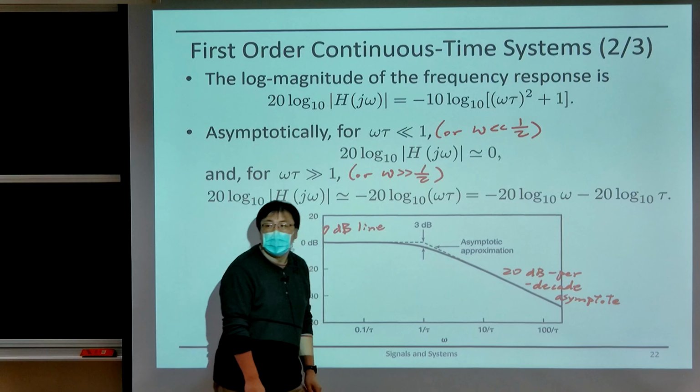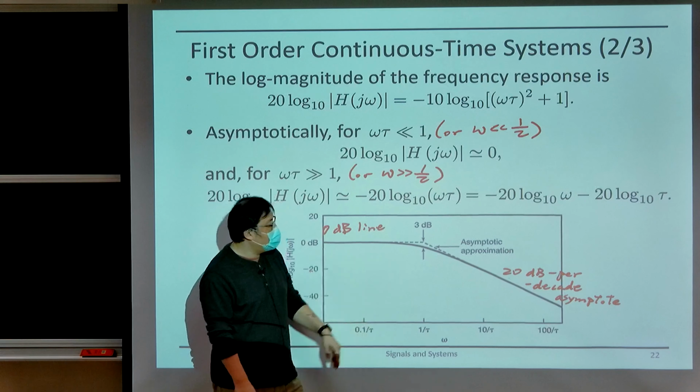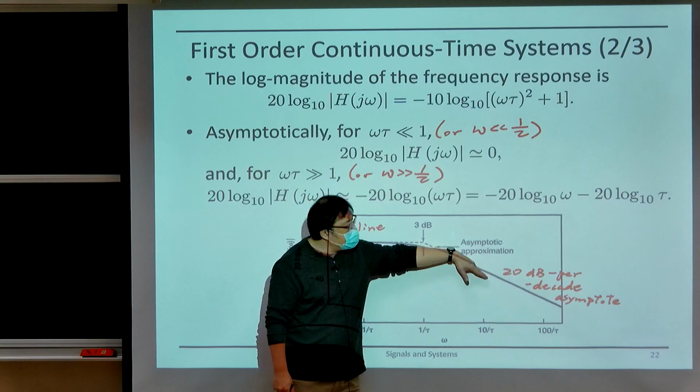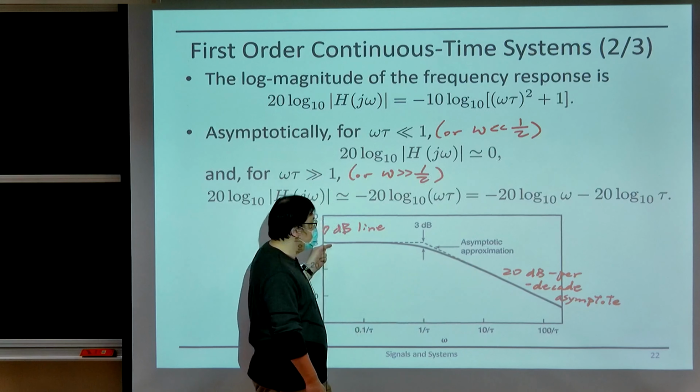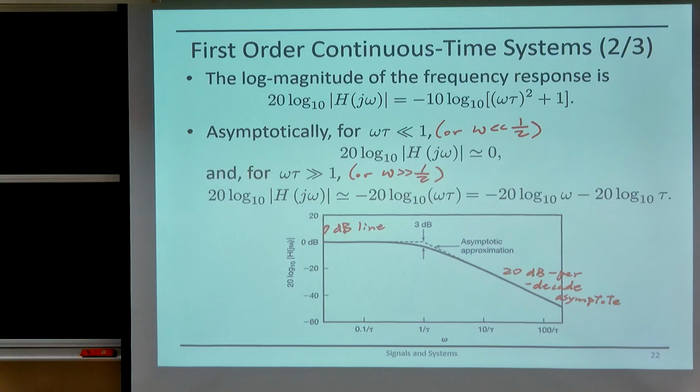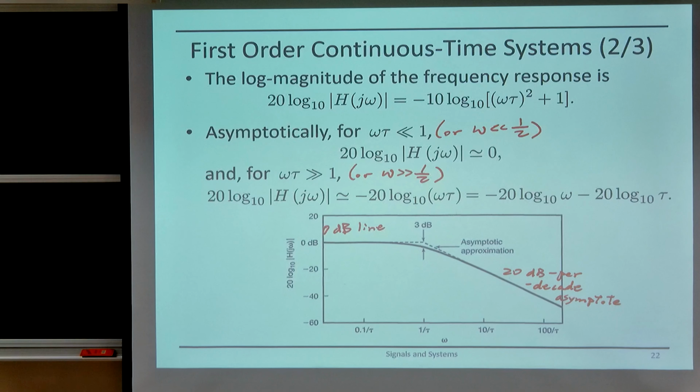And these two lines are actually the low frequency and the high frequency asymptotes of this function here.